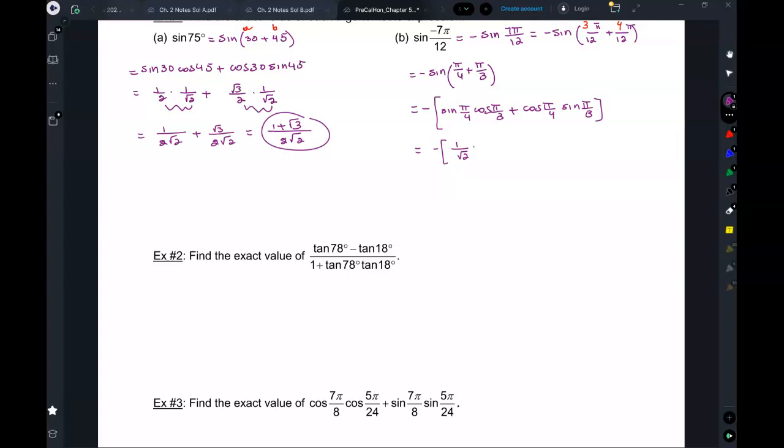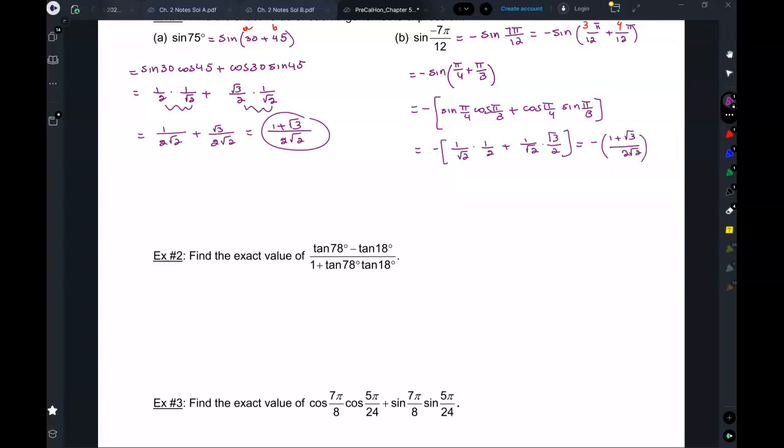One half. Plus cosine of pi over 4 is 1 over root 2. Now, if cosine of pi over 3 was 1/2, sine of pi over 3 is going to be the other one, root 3 over 2. So this is going to be negative. Okay, look, it's 2 root 2, 2 root 2 again. Negative 1 plus root 3 over 2 root 2.